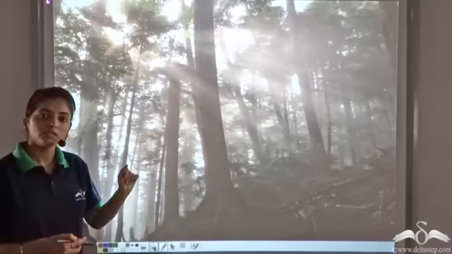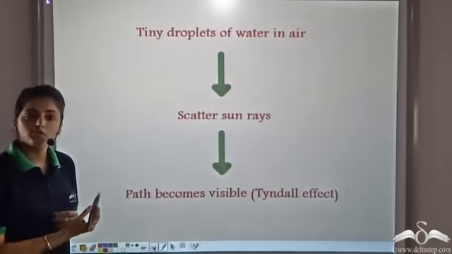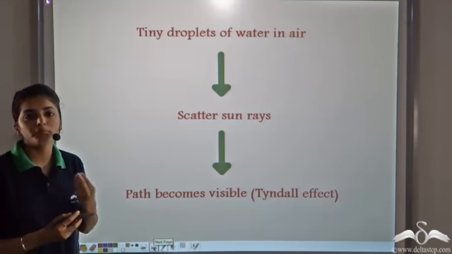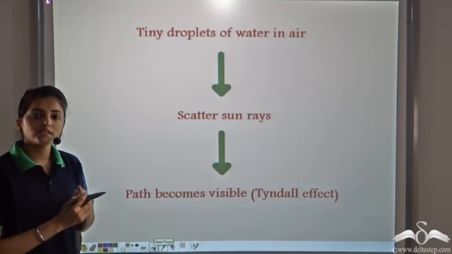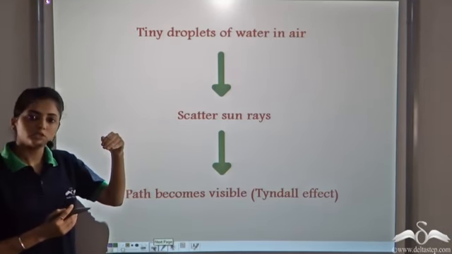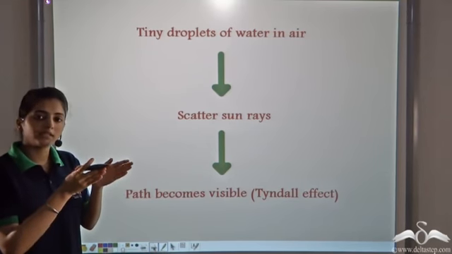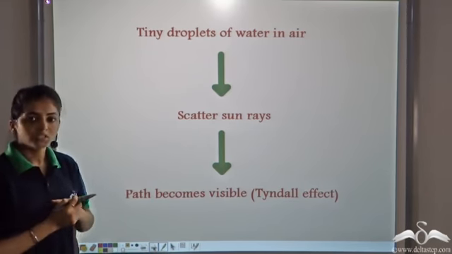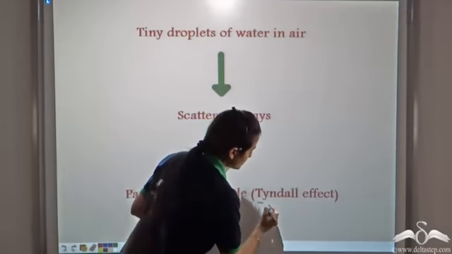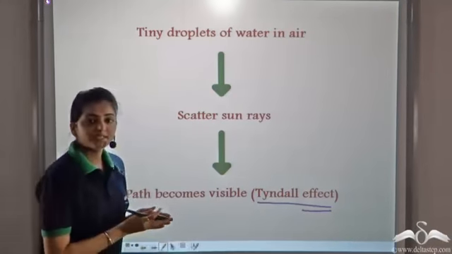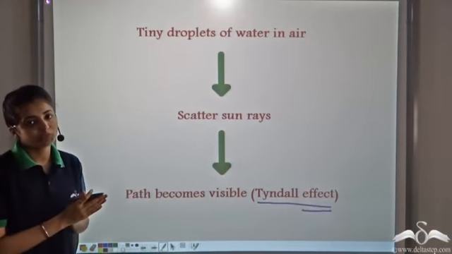Why is this so? This is because in forests, there are tiny droplets of water. As the sun's rays strike these droplets of water, their path is scattered. As they are scattered, their path becomes visible. So again, it is the Tyndall effect which makes the path of the sun's rays visible.